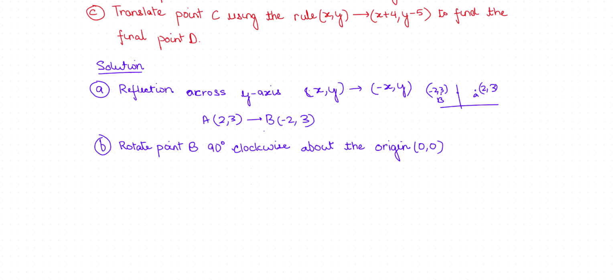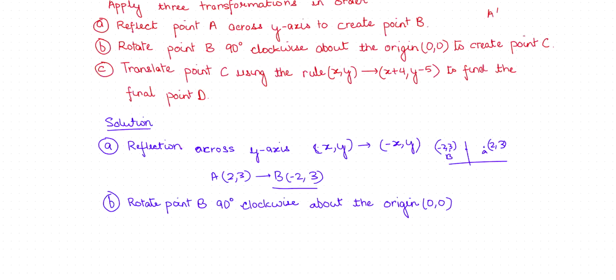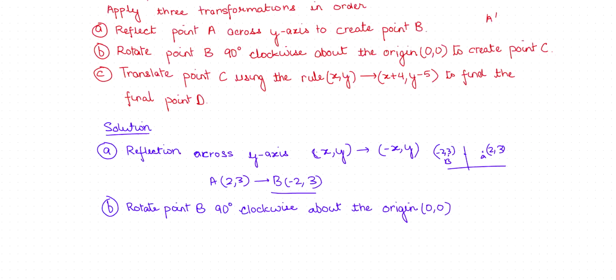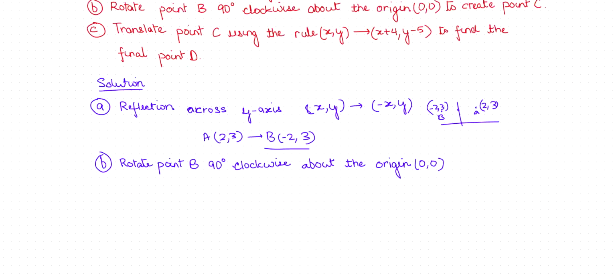Now, rotate point B 90 degrees clockwise about the origin. In the last class we learned the concept: 90 degrees clockwise means minus 90 degrees, or 270 degrees counterclockwise. It's the same thing.